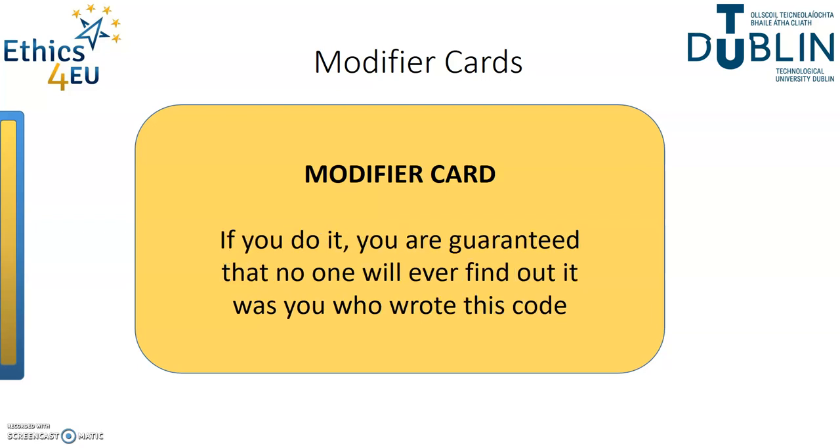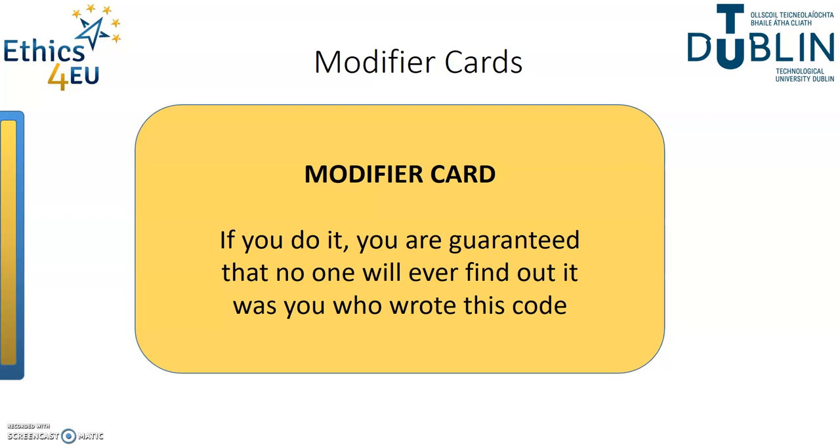Or maybe a modifier might be, if you do it, nobody will ever find out it was you, or if you do it, your company will give £1 million to a charity, or they'll take care of the health of 10 people. So modifier cards force different players in the game either to choose to do things or not.